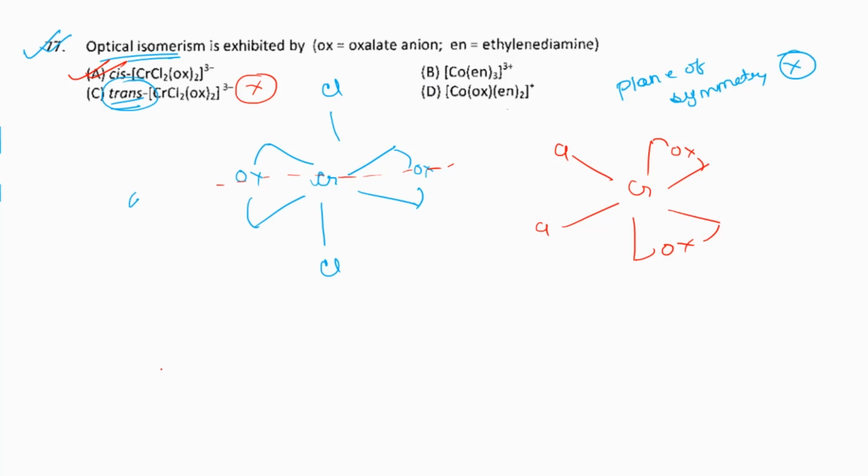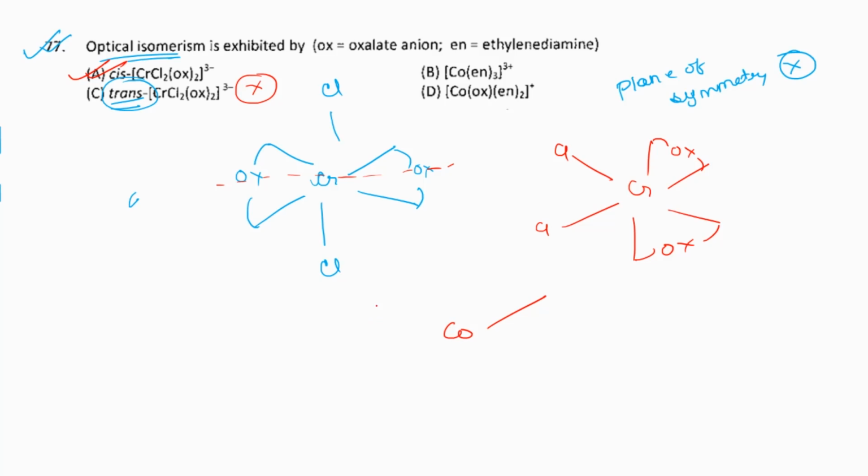Number B is Co(en) whole thrice, cobalt. This has a particular way in which it is done.